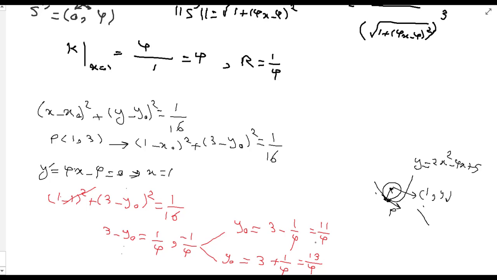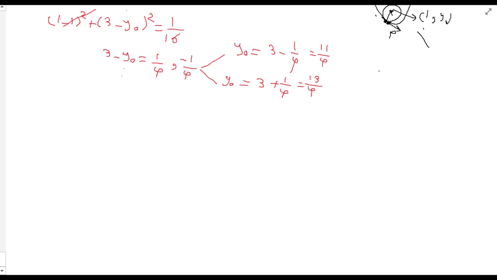And which one is acceptable? Actually, the center is above the point P, and the point P has the coordinates of 1 and 3. So the answer of 11 over 4 is less than 3, and it's not acceptable. So the right answer will be 13 over 4.